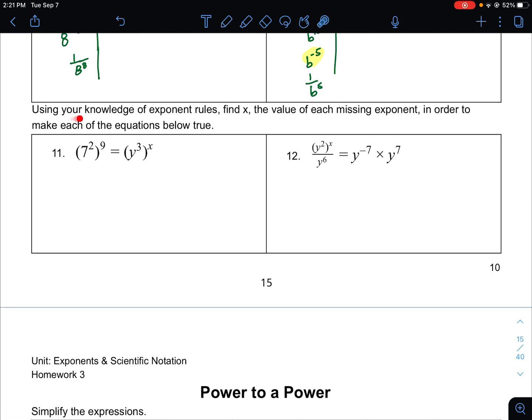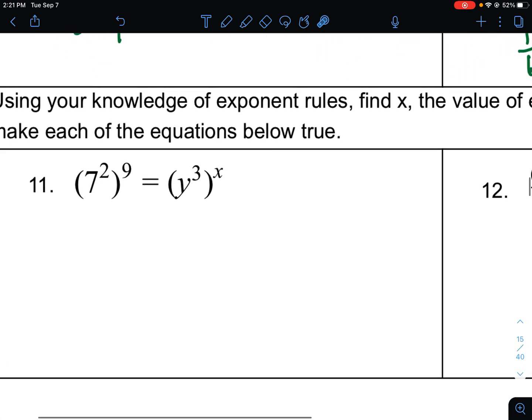Finally, using our knowledge of exponent rules, find x, the value of each missing exponent, in order to make each of the equations below true. Find x. This gets kind of tricky. So let's do this. We are going to start off by simplifying what we can. 7 to the 2nd raised to the 9th.